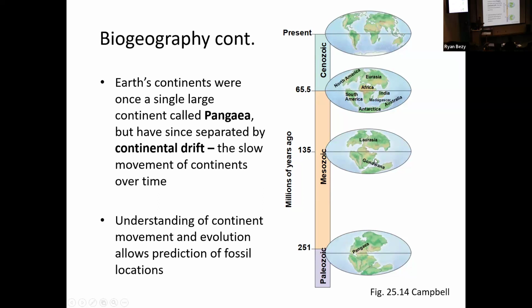Even though they're on different continents now, they used to be together in the supercontinent. Then those continents drifted apart, the fossils stayed there, and we can see the same species on separate continents because they didn't used to be separated. It used to be just one population of dinosaurs in one area.